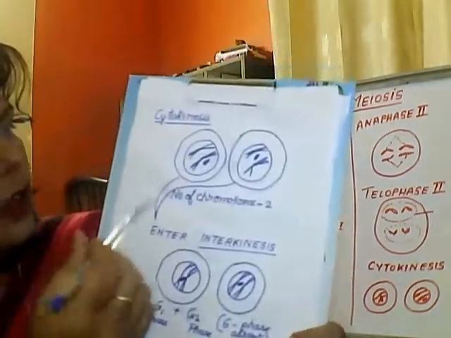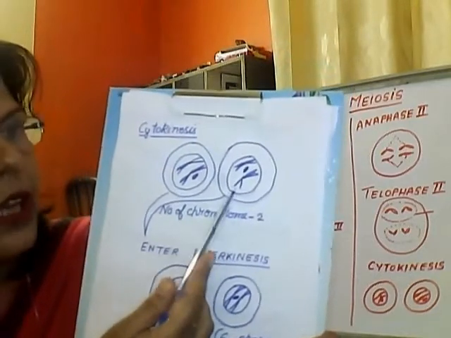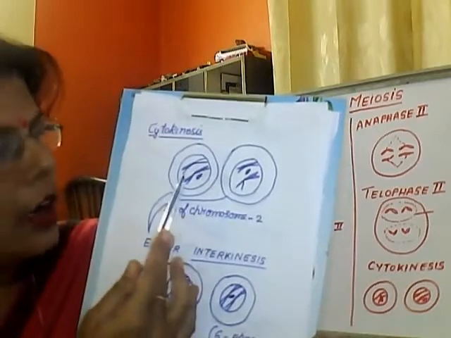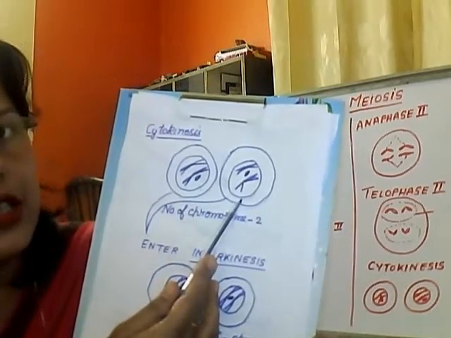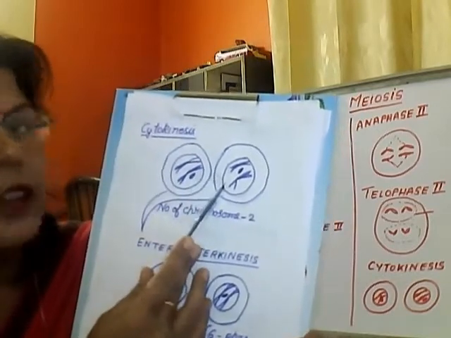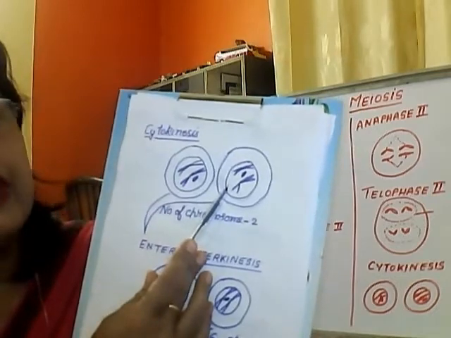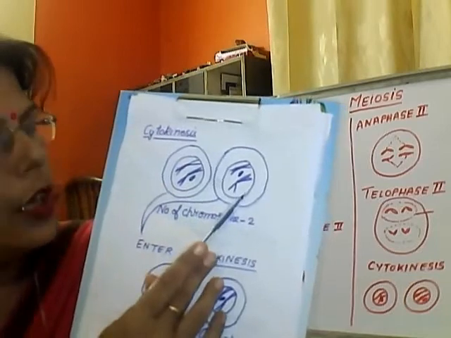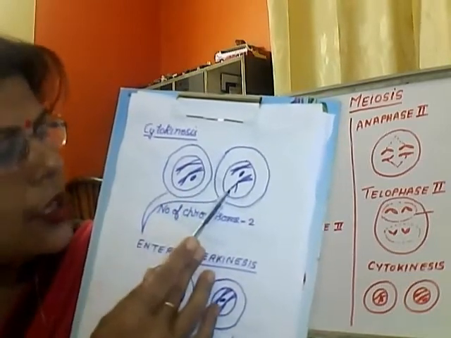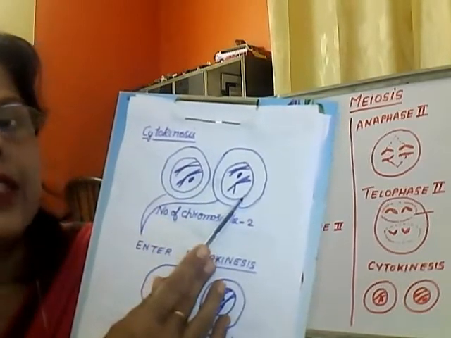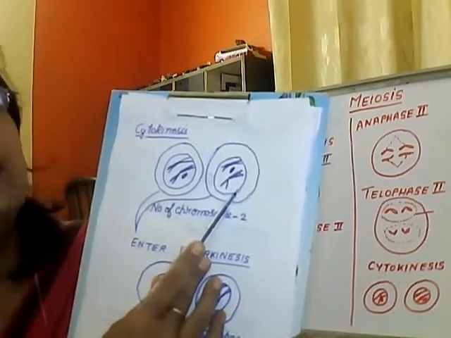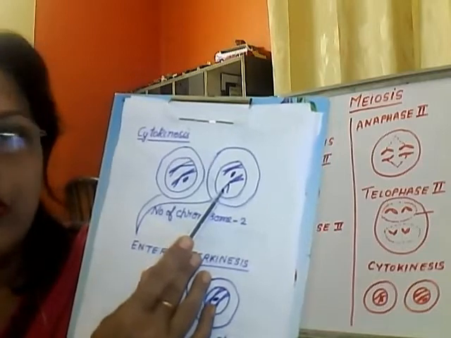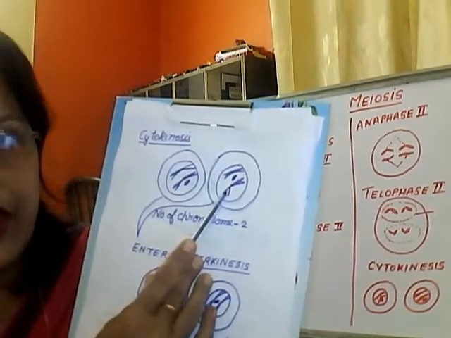But before that, one thing: once they have completed the cytokinesis, these 2 cells haven't completed the meiosis division. They have to undergo the second division, that is meiosis 2. But before going to meiosis 2, these 2 cells have to prepare themselves. So that means these 2 cells also will enter a non-dividing phase.